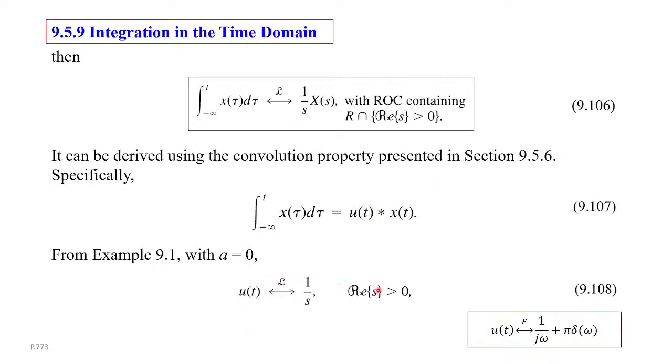Okay, so the unit step function has Laplace transform 1 over s, with the ROC picking the positive side. Okay, and then you just use the convolution property. This side is a convolution of two things, so the other side is a multiplication of two things: it's going to be X(s) times 1 over s, and the ROC should contain the intersection of the ROC of this thing and the ROC of this thing. Okay.